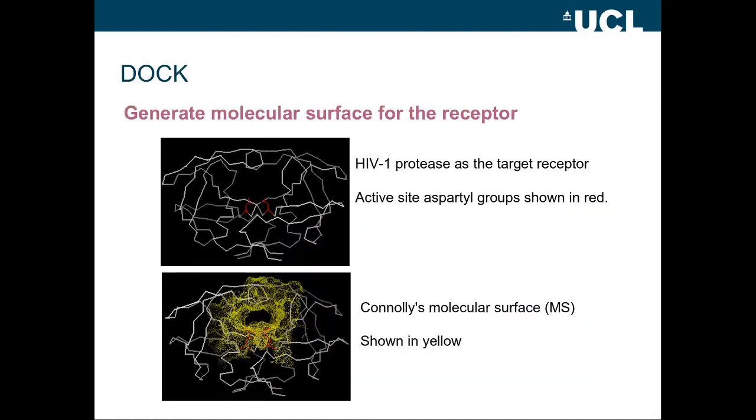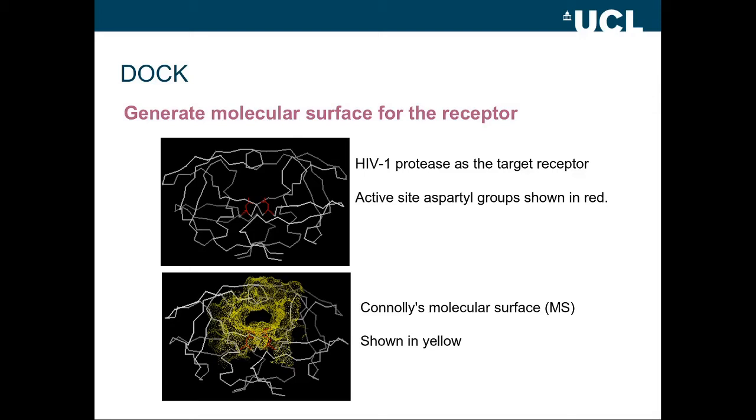Now, one of the oldest programs, and still a popular one, is called DOCK. The way that this works, as a kind of classic basic approach to docking, is it starts off by generating a molecular surface that we can then use to define the shape of the pocket that we're docking into.